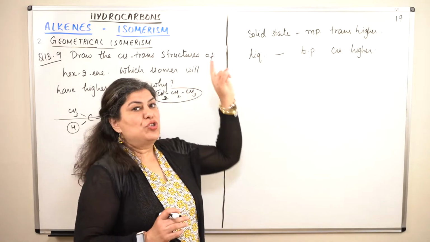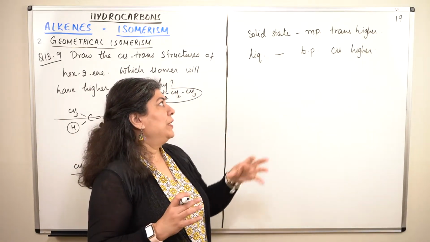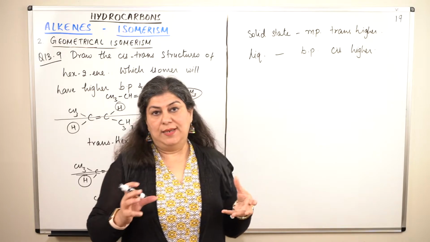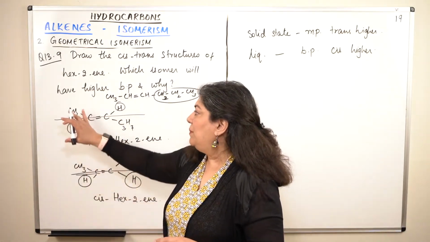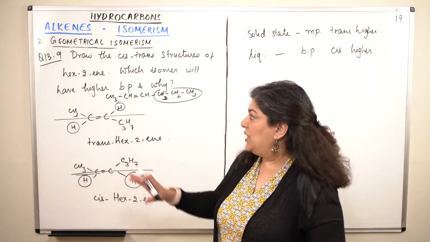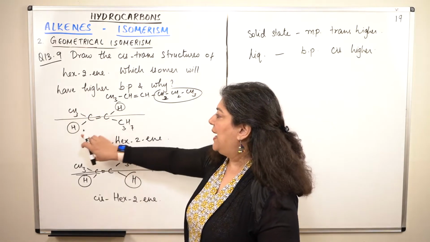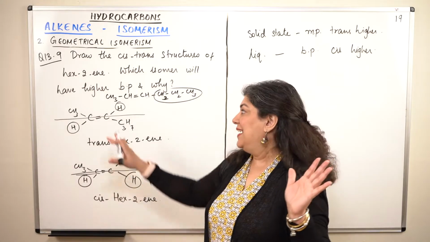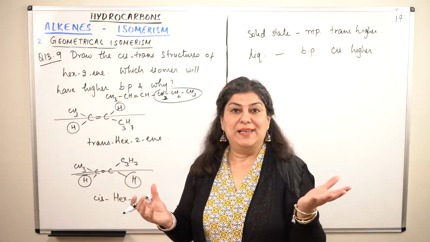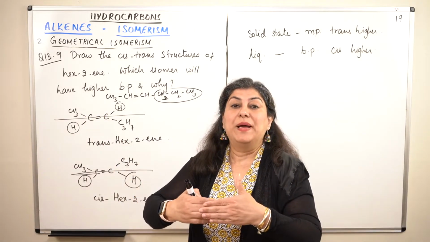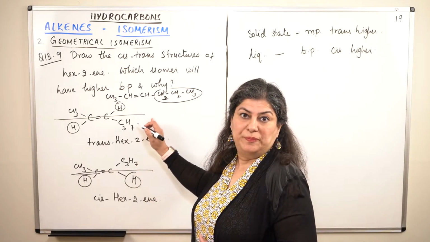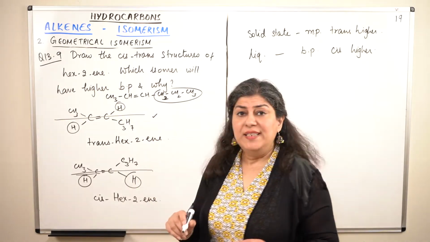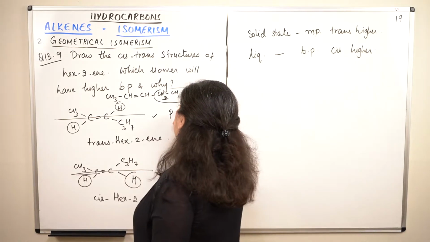In the case of a solid, a trans compound will be a more symmetrical compound. You see, when you have two bulky groups and two light groups, if the two bulky groups fall on two opposite sides, the weight is kind of balanced. So the packing is better for a trans isomer.